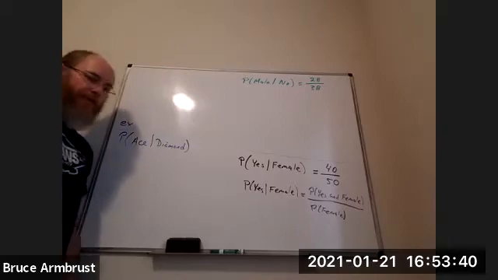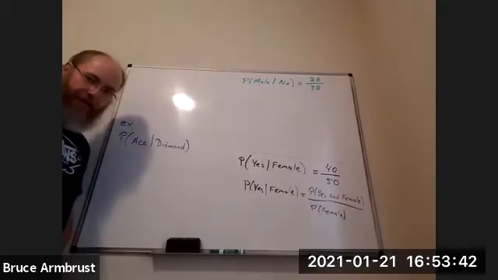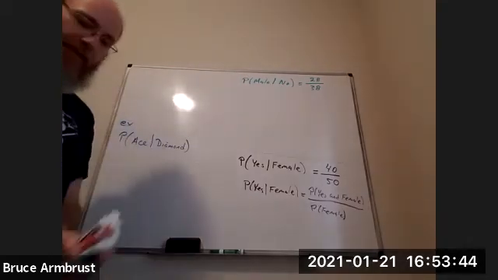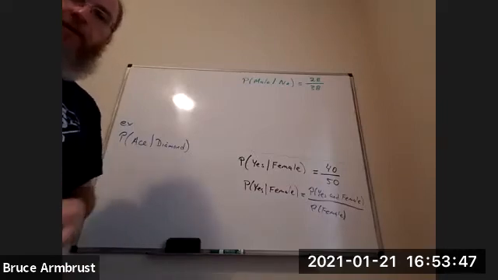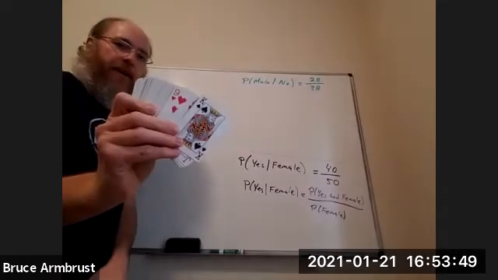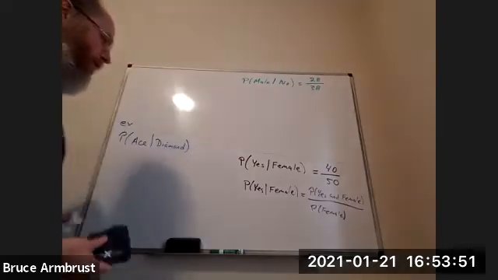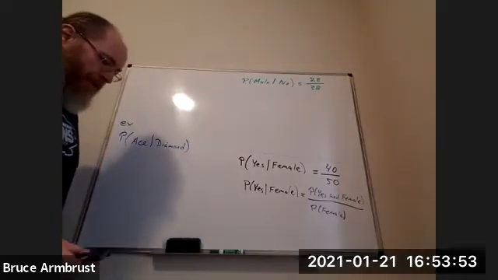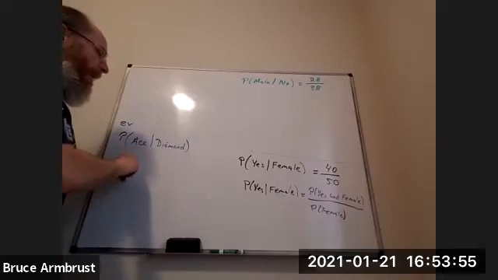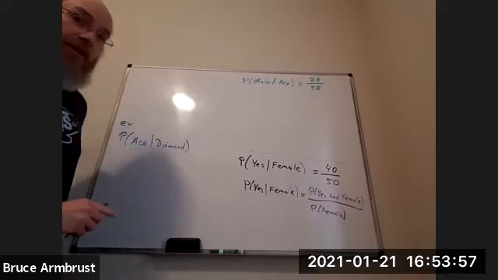So I'm just going back to my standard deck of cards. I happen to still have it here with me. So here's my standard deck of cards. So the question is, what's the probability of getting an ace if I know the card is a diamond?